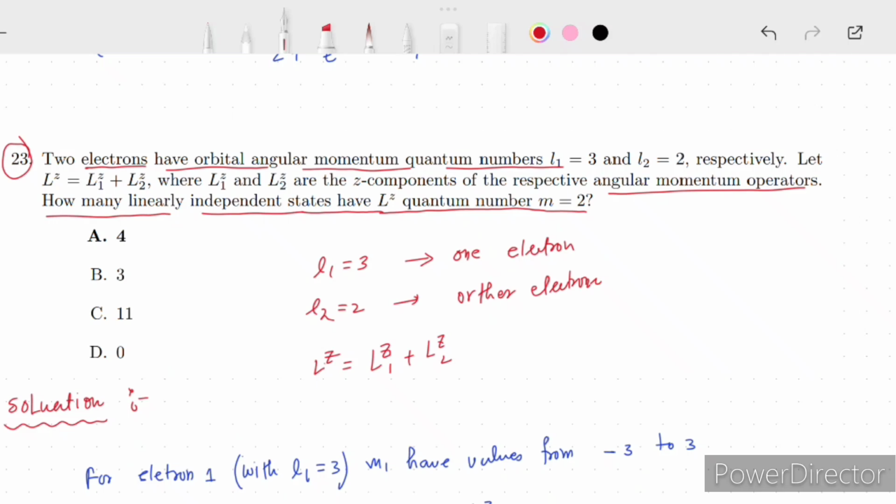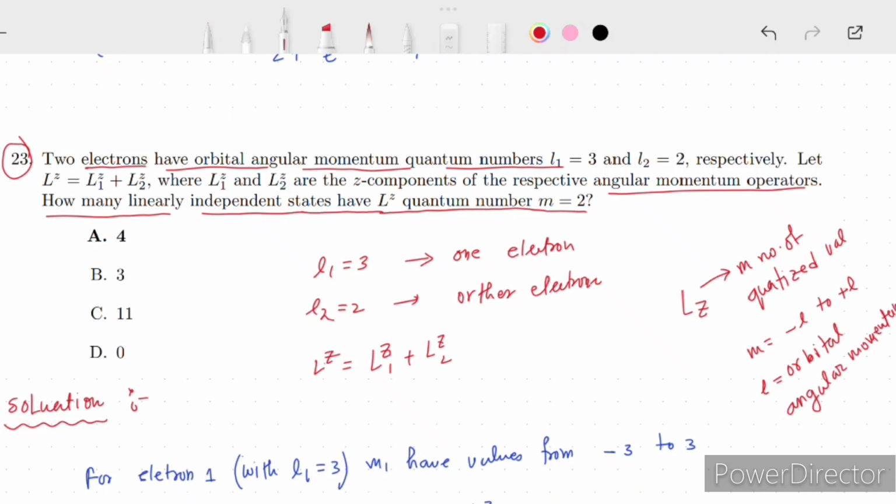So we know Lz has quantized values. The quantum number m has values from minus L to plus L, where L is the orbital angular momentum quantum number.